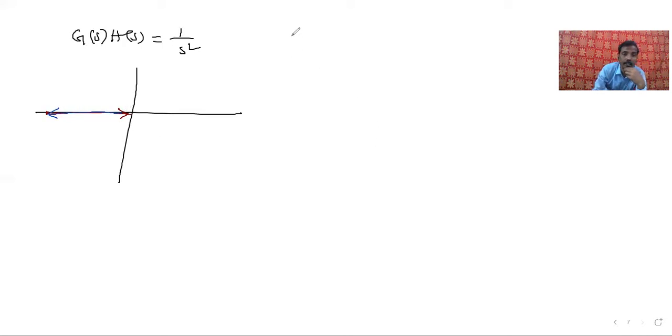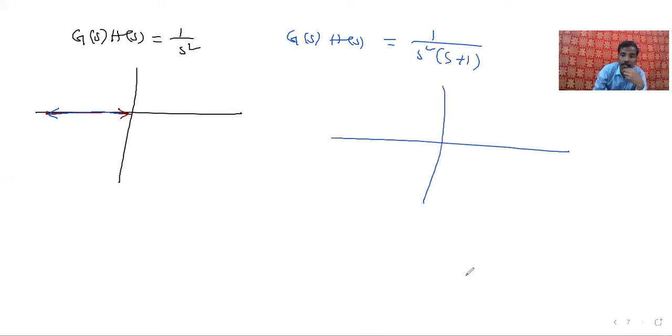When G of S, H of S equals 1 by S square, S plus 1, then what is the conclusion? Starting from the same point, but with a coordinate shift, passing through minus 270 degrees, and this is the mirror image.